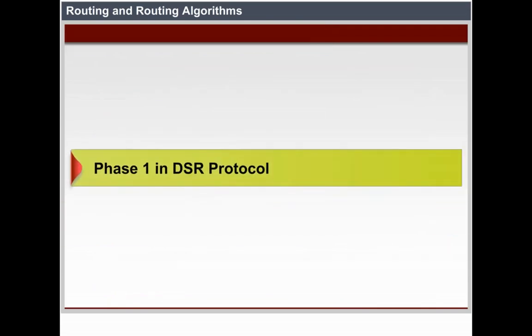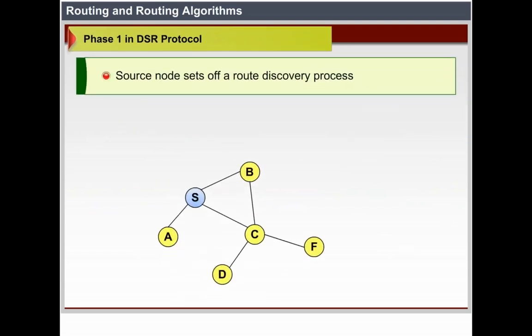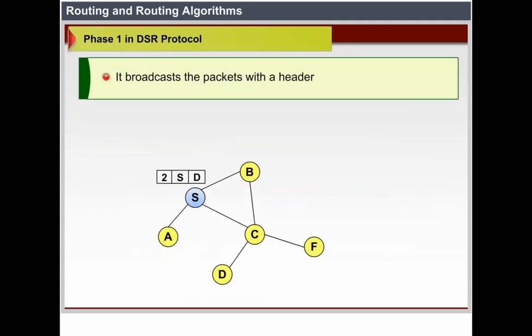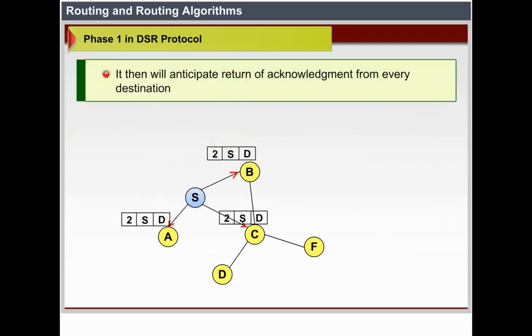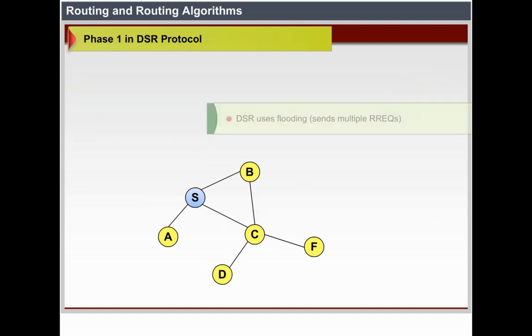Phase 1 in DSR protocol. The source node initiates a route discovery process. It broadcasts the packets, each with a header. It then expects return of acknowledgement from each destination. The packets are called route request (RREQ) packets.